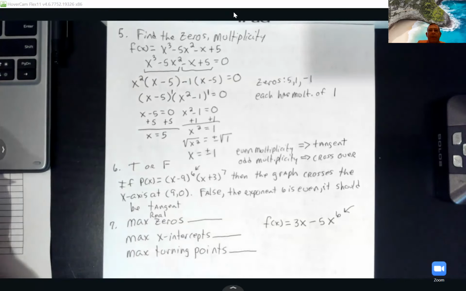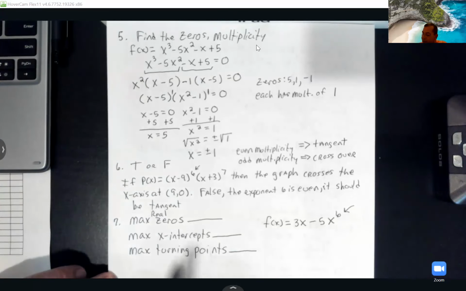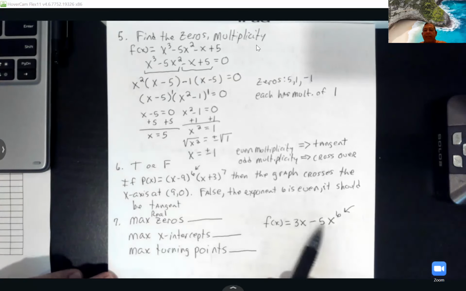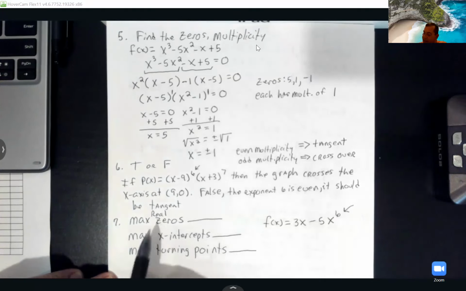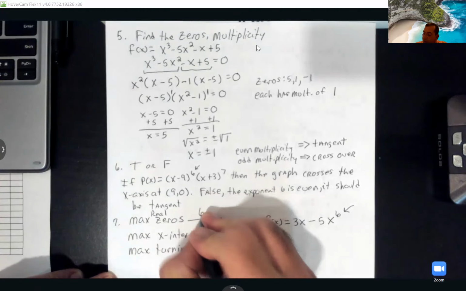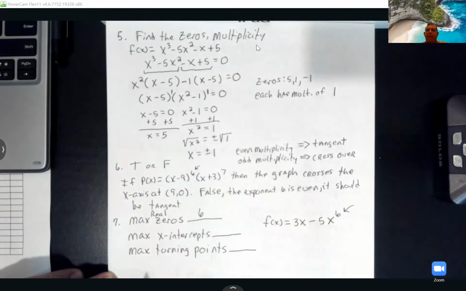All right, y'all, so I'm going to refresh you. The maximum real zeros is equal to the degree. So since I got a degree 6, the maximum real zeros would be a 6.